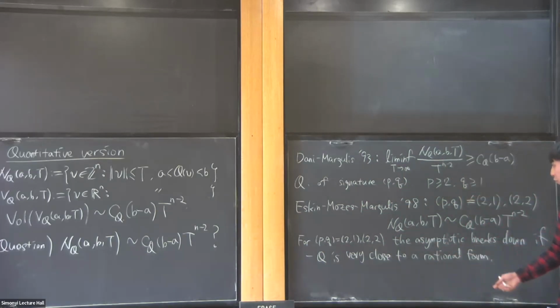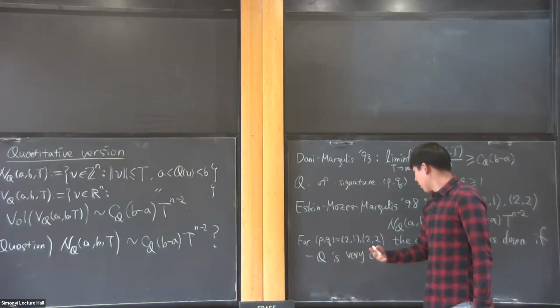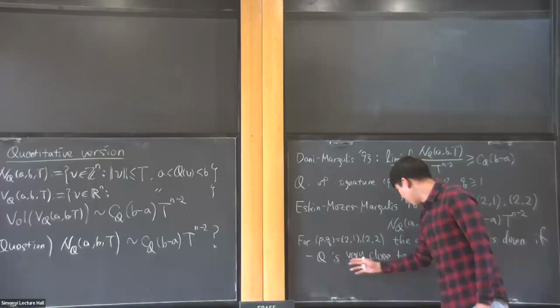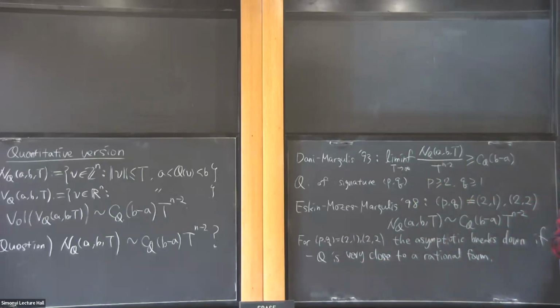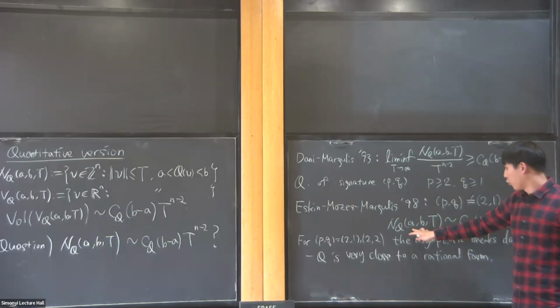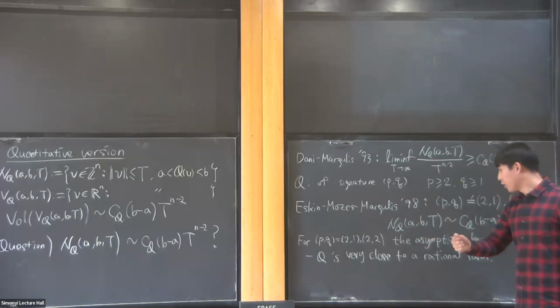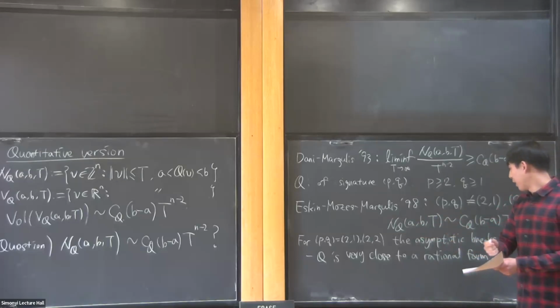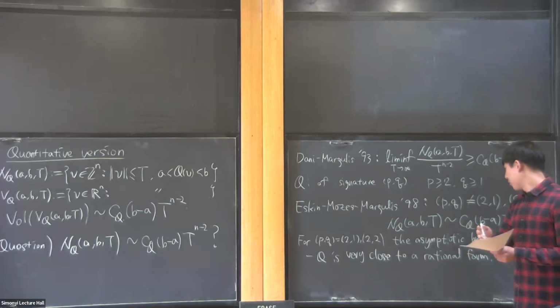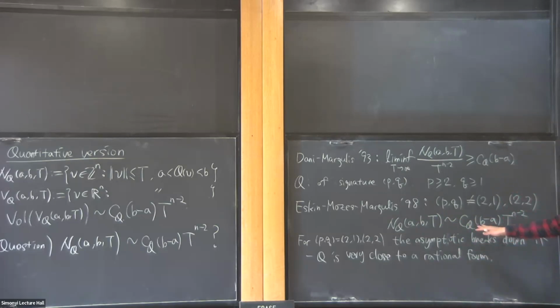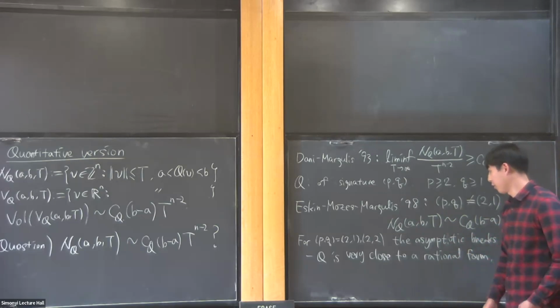For a rational quadratic form, the image set would be discrete, and even if Q is not rational but very close to a rational form, then the image set could still be very much concentrated around integer points. So if you take your interval A and B to contain an integer point, there might be many more points than expected, and then the expected asymptotic would break down.